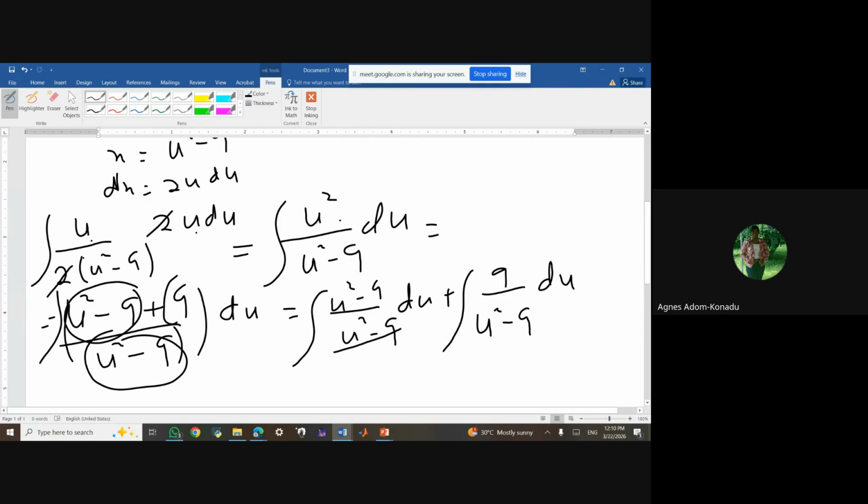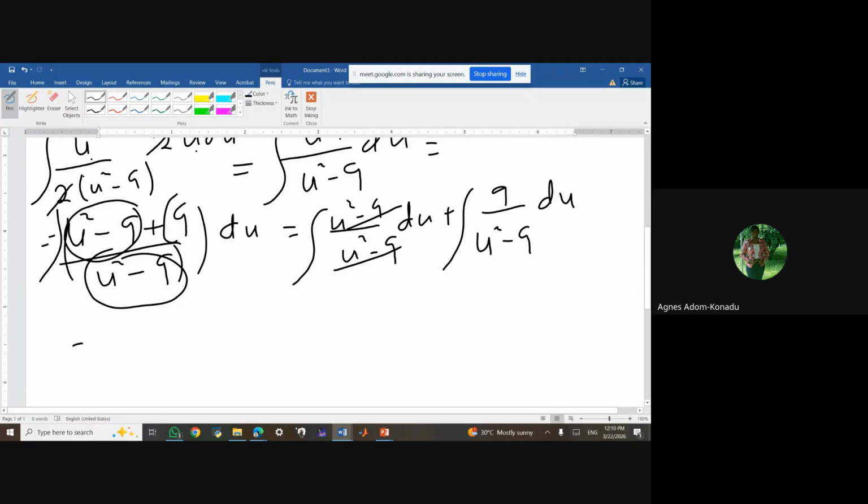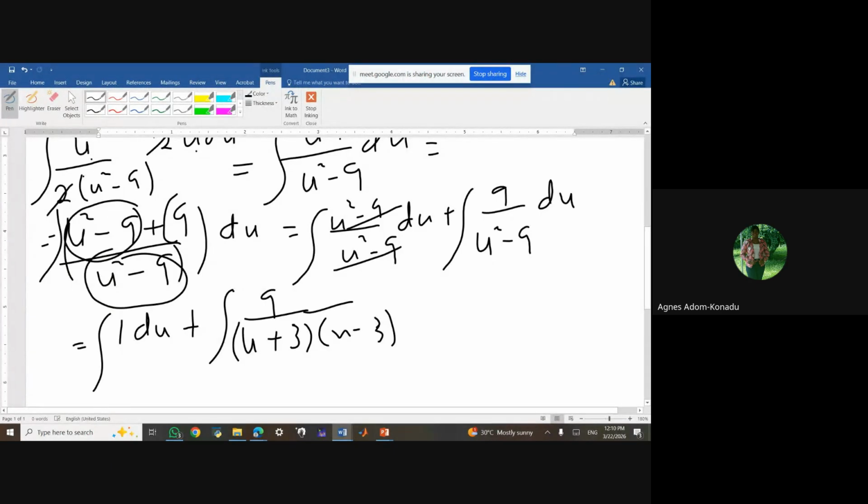This can cancel this, so this is equal to the integral of 1 du plus the integral of 9 over (u plus 3)(u minus 3) du.